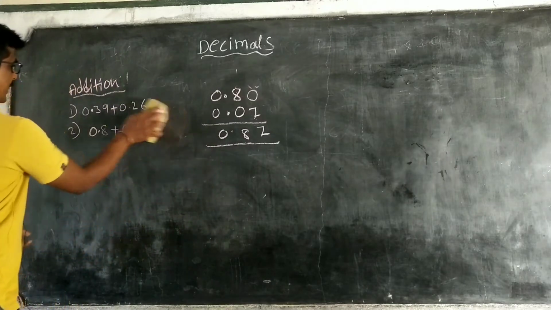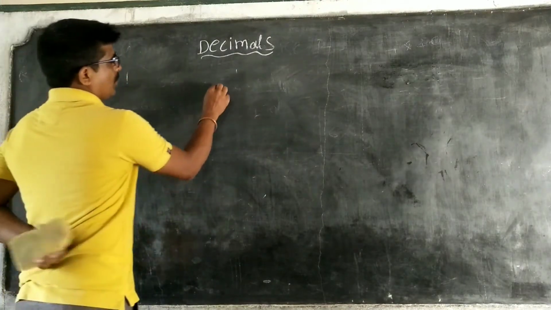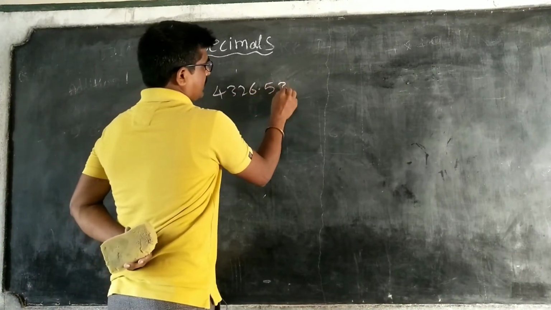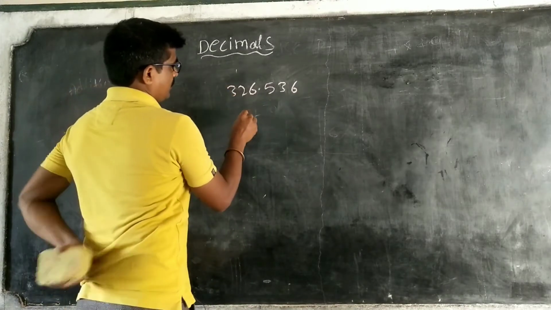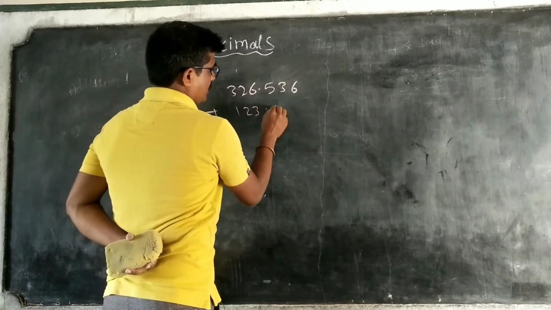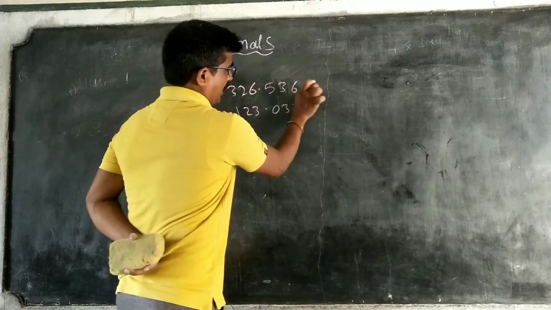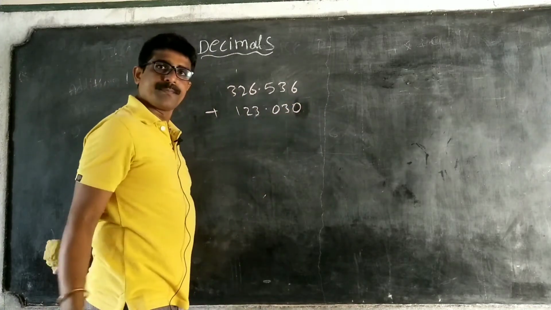Next I am writing another example for addition only. Listen, 4326.530 and 123.03. Where a number is not given, in these situations you have to keep 0.